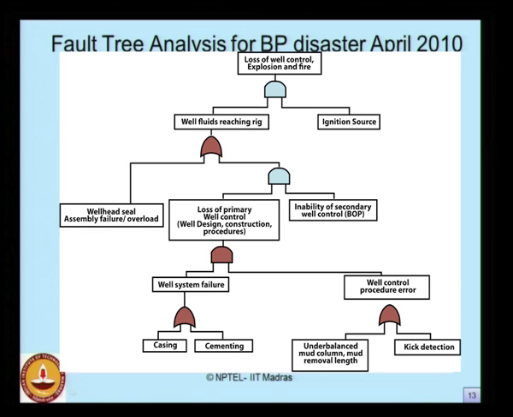The well control procedure error can be due to failure to detect the kick, unbalanced mud column, or the mud removal length. So, looking into a very brief analysis of FTA for the BP disaster, we are able to identify the important events which could result in this disaster.